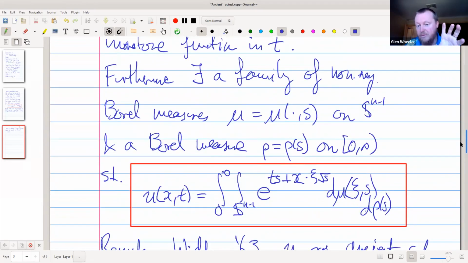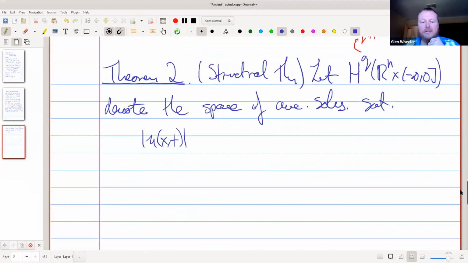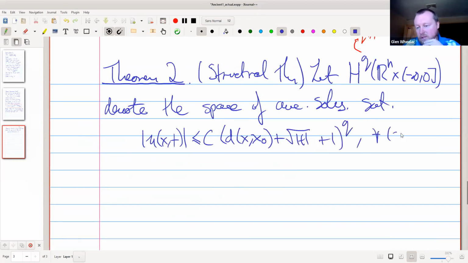So this is pretty much generically true, which is amazing. All right, so now we're assuming some condition. We assume something like what we had before. We need to take a reference point, and this d denotes distance. Okay, we have square root of t plus 1 to the power q. This should be true for all x and t. Okay, so that's the space H_q.